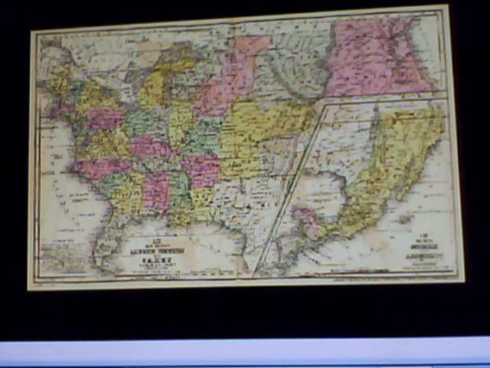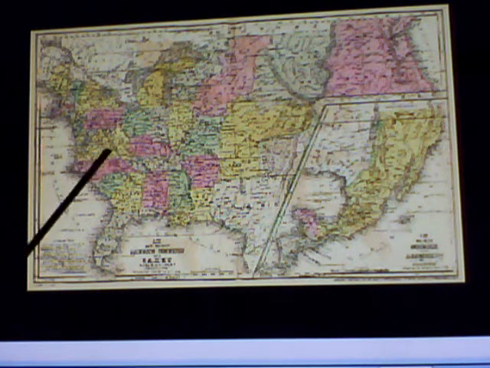So 42 or 44 U.S. presidents, including Barack Obama, the seated president, were all genetically linked to a king, a royal family, a royal king outside of the U.S.